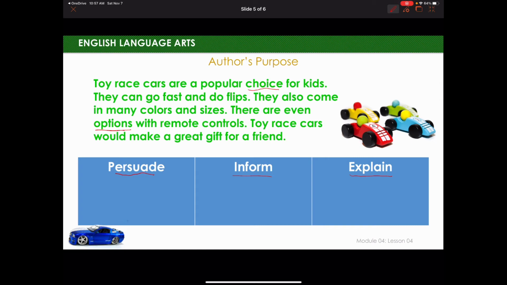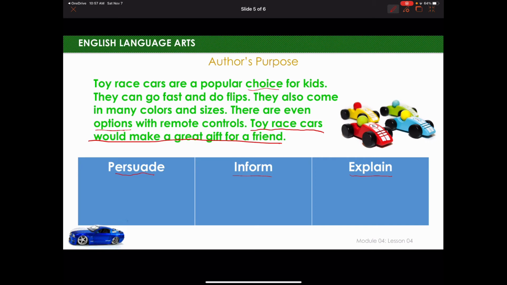Toy race cars would make a great gift for a friend. If I underline that sentence right there, that sentence kind of makes me want to buy my friend a race car. You know, we've got the holidays coming up. We're going to be buying gifts for our family and friends. And just thinking about how race cars might make a great gift makes me want to buy a toy race car.